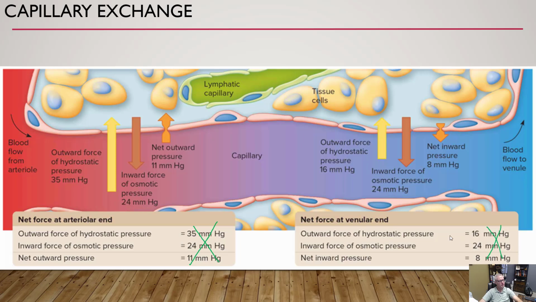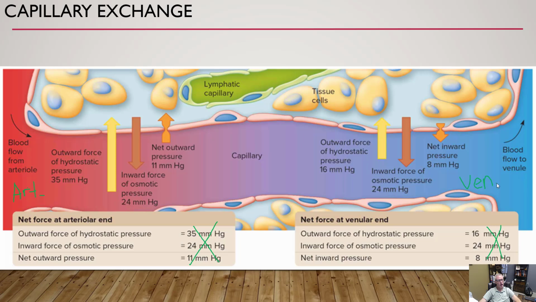Don't memorize the numbers, but basically, you know how we have arteries and veins and capillaries, and we have arteries, and they actually shrink to arterioles and then into capillaries. Arterioles are basically just small arteries, and venules are basically just small veins. So this would be the arterial side of a capillary, and this would be the venule side of a capillary.